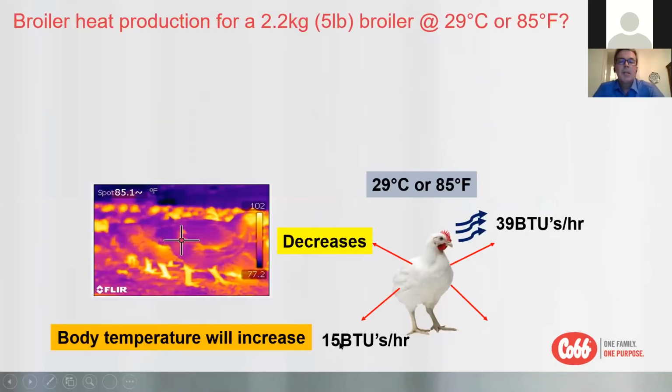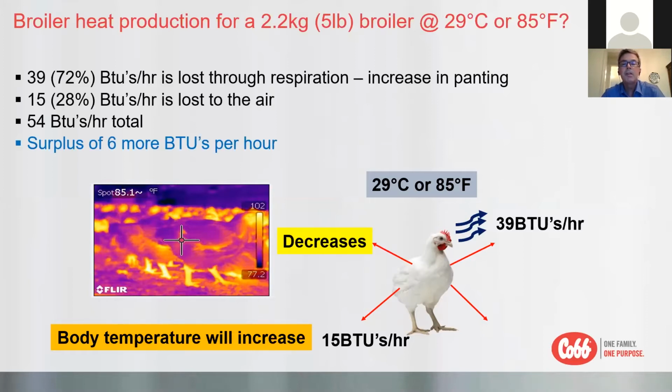So what happens if we increase the temperature in the chamber? If we increase it to 29 degrees Celsius, what are we going to expect to see? We're going to expect the bird to pant more. It's going to try to thermoregulate by using evaporative cooling. So in this example, the bird was losing 39 BTUs per hour released in terms of evaporative cooling. 15 BTUs per hour is lost through sensible heat loss.